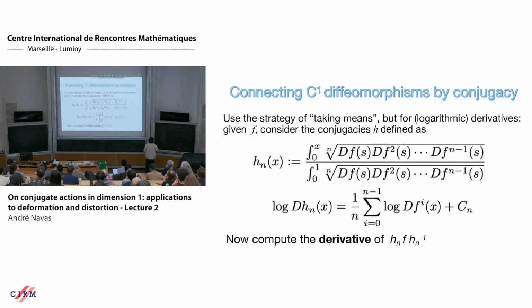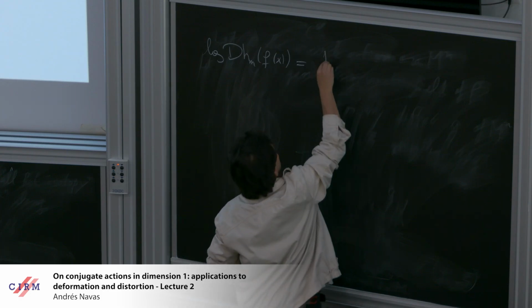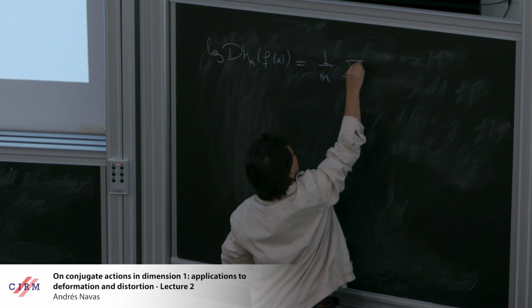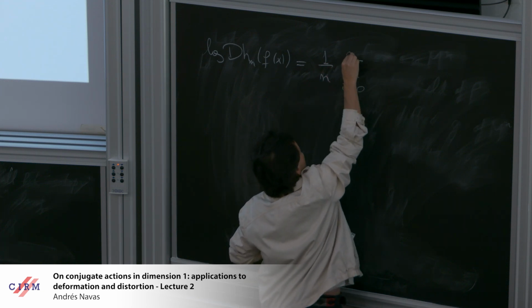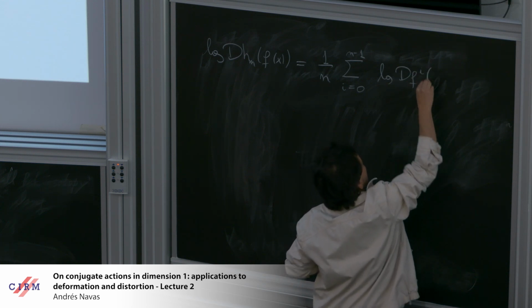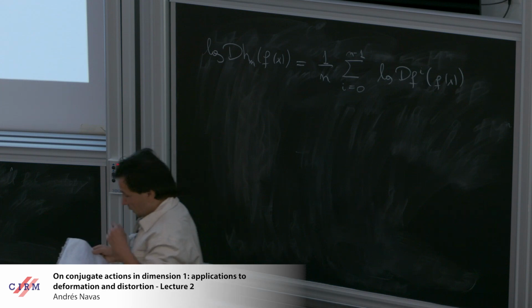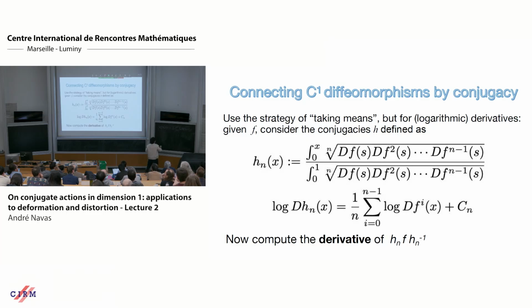There we have the logarithm of dHn, and now I will compute the logarithm of dHn at the point f of x. It's the very same expression, 1 over n, the sum of the logarithm of d f^i at the point f of x.